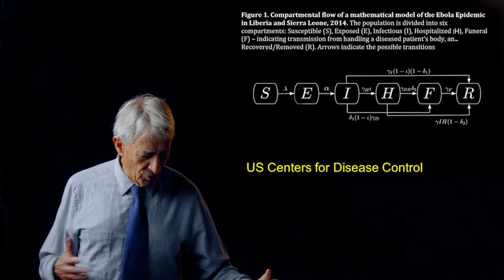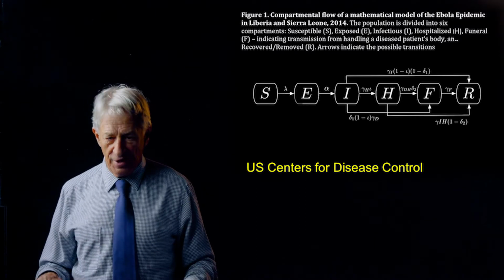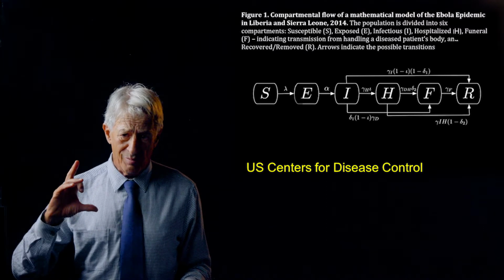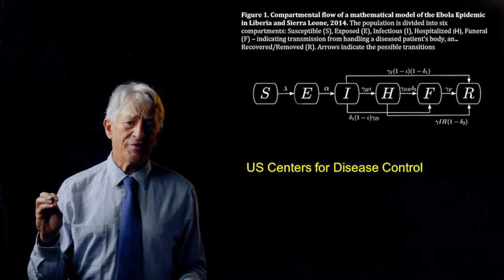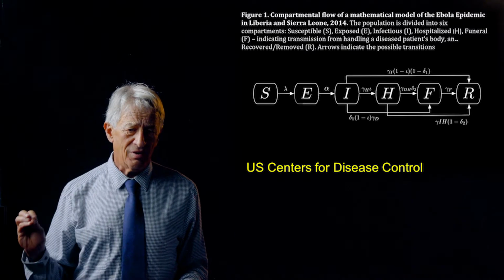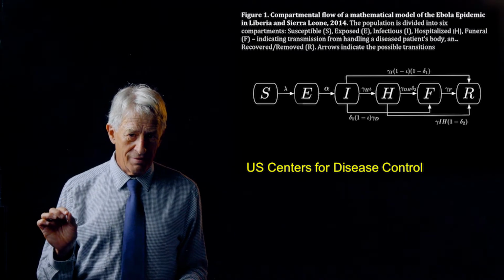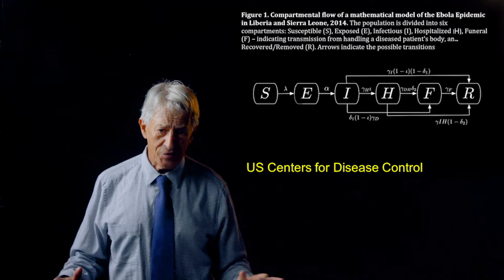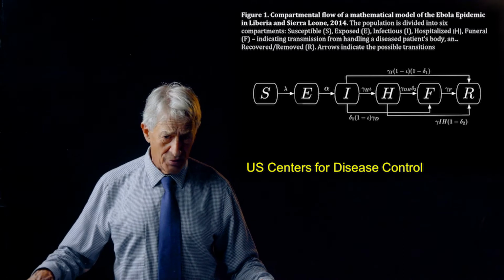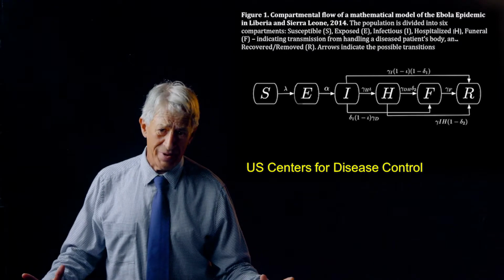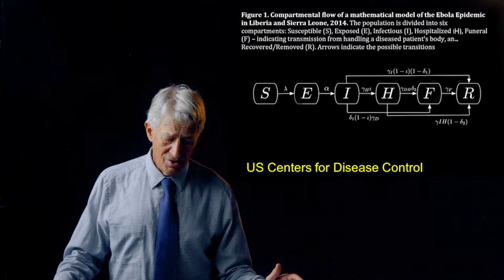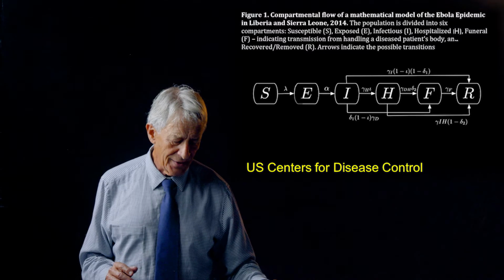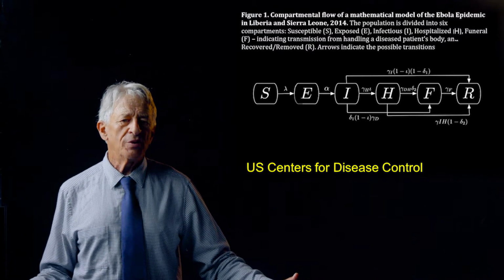And you see the arrows going from the one category to the other. So this is a 6-variable model as opposed to the 3-variable Anderson-May model. But this is the research frontier. This is pretty serious. This is folks from the CDC working together with folks in Africa to try to combat a deadly epidemic.